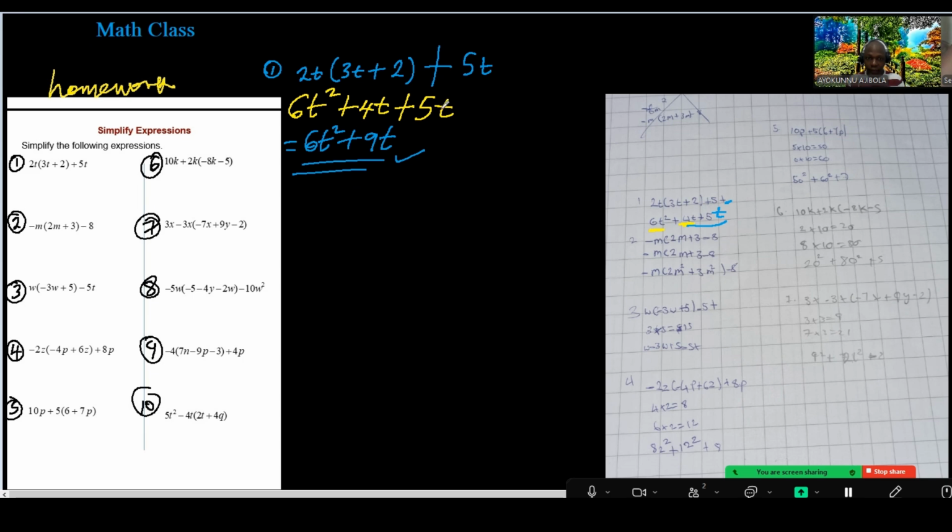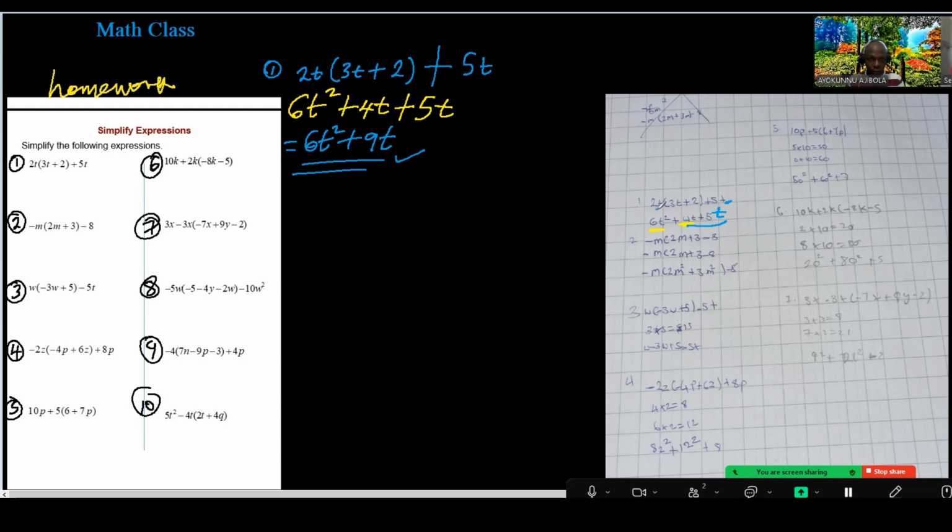Did you see that in what you have done? I didn't understand the video that much. But now you're seeing what you're supposed to have done. You're supposed to bring down your t. At least you got your 6t squared.